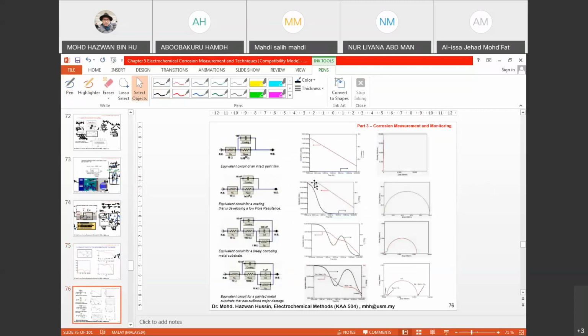If you have an equivalent circuit with an intact paint film, the type of Bode plot you will get is just slopes. Some resistance can be indicated here. I told you the values are probably not really visible, but clearly it doesn't start from the origin, so you can have a resistance here and it stops here.